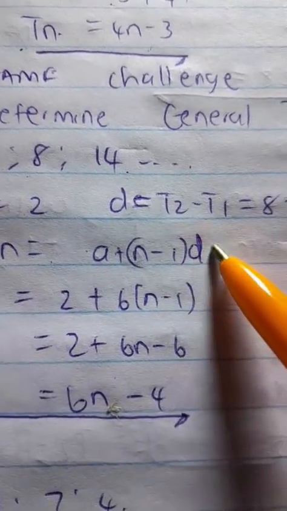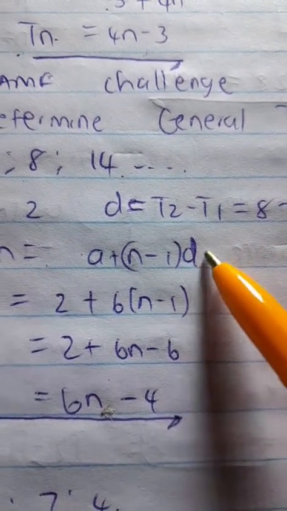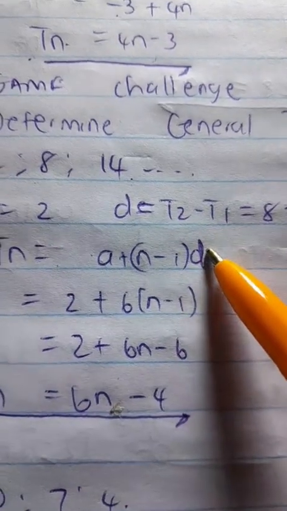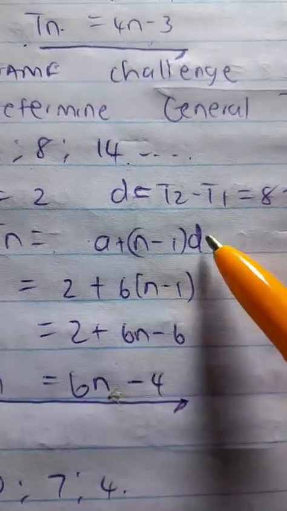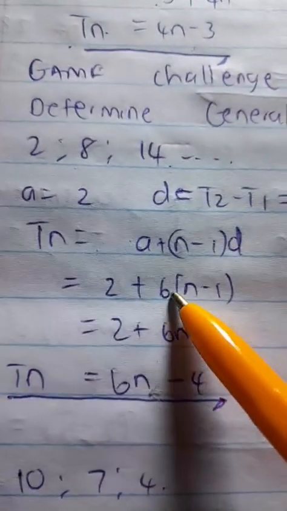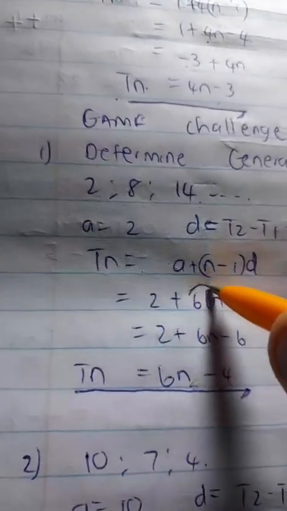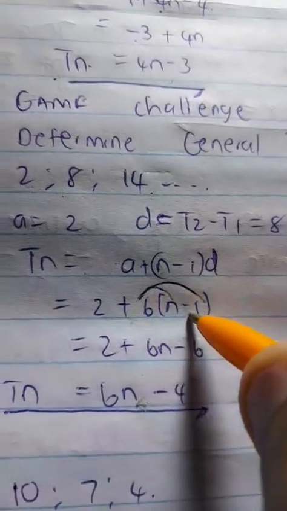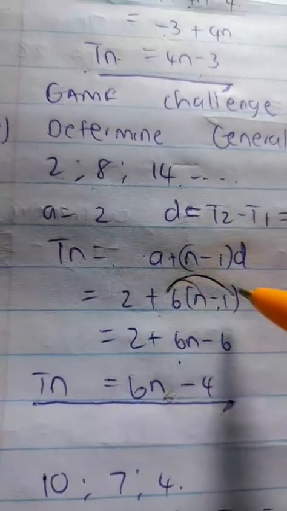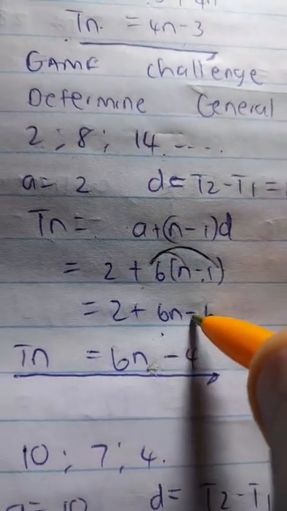Remember that we can change the order of the coefficient, which is D, and write that constant difference, 6, just before the binomial bracket, so that we can then do what? Distribute the 6 to the n, which gives us 6n, and the 6 to the negative 1, which gives us negative 6.